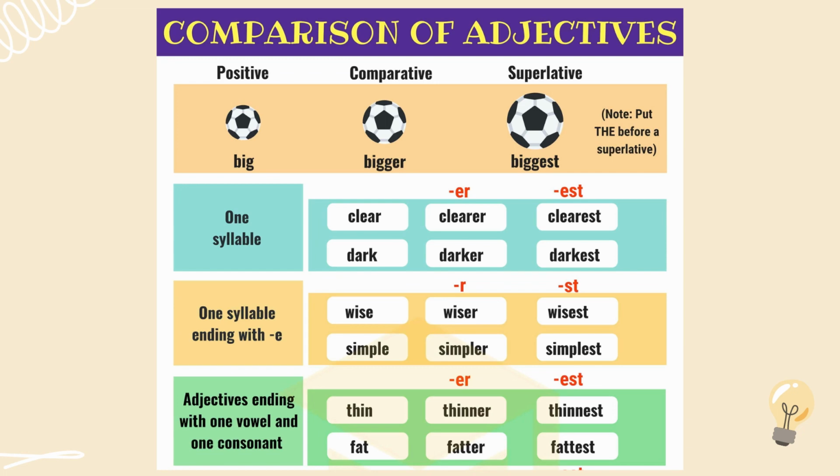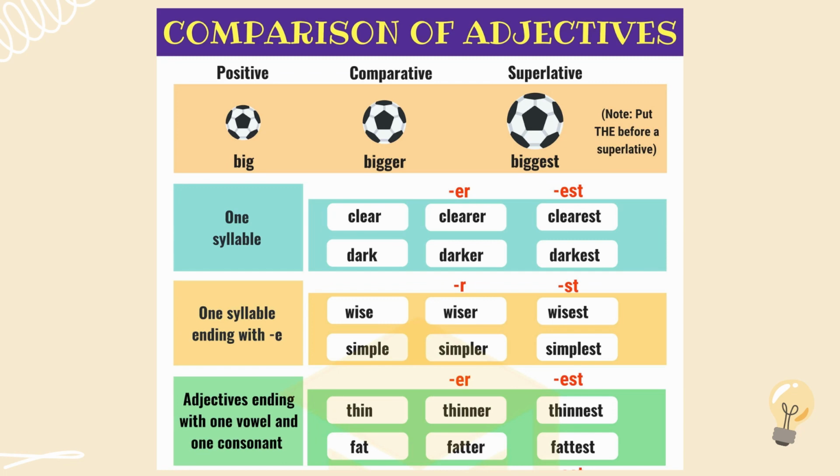Now moving on to one syllable ending with e: wise, wiser, wisest. For a comparative adjective, you need to add -r, and for a superlative adjective, you need to add -st.